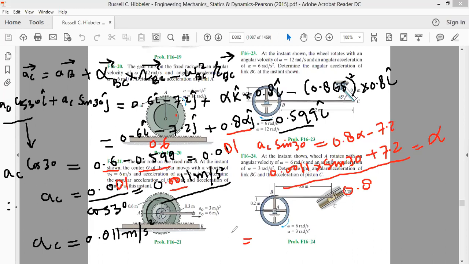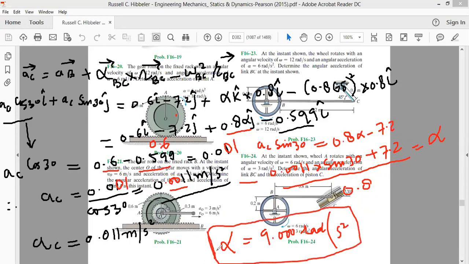So the value of alpha comes out equal to 9.000 radian per second square. Okay, this completes our question. It asked us to find the angular acceleration of the link, which is 9.000 radian per second square, and to calculate the acceleration of C, which is this value.